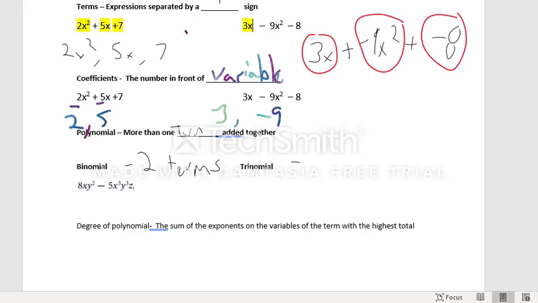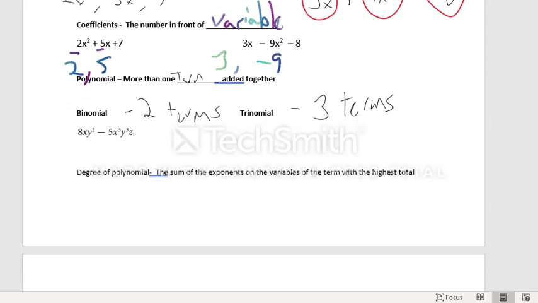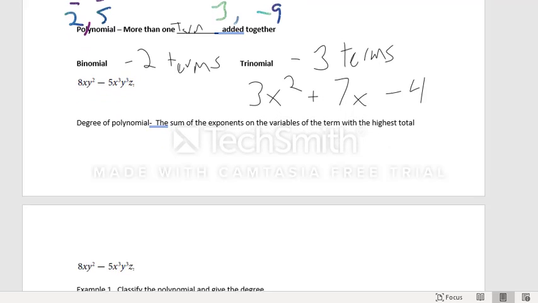A trinomial then would have 3 terms. So an example of a binomial would be 8xy squared minus 5x cubed y cubed z. There are 2 chunks that are added together. An example of a trinomial might look like this: we have 3 things that are added together or subtracted, because we can rewrite subtraction as adding a negative.